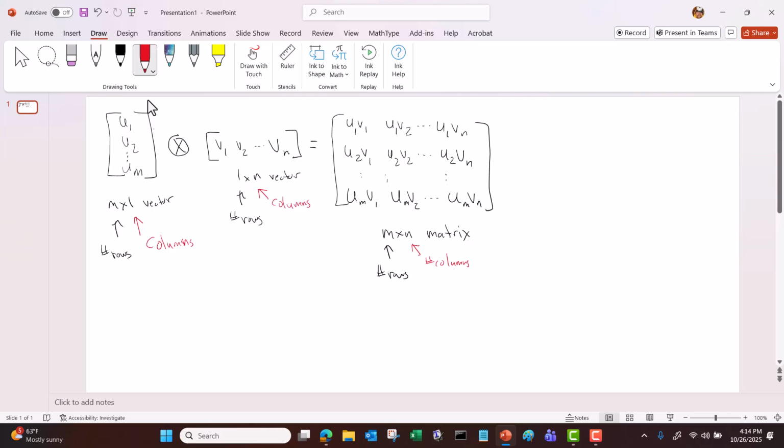So what ends up happening is that when we do an outer product with two vectors here, we actually end up with a matrix, not a scalar, like we see with an inner product.